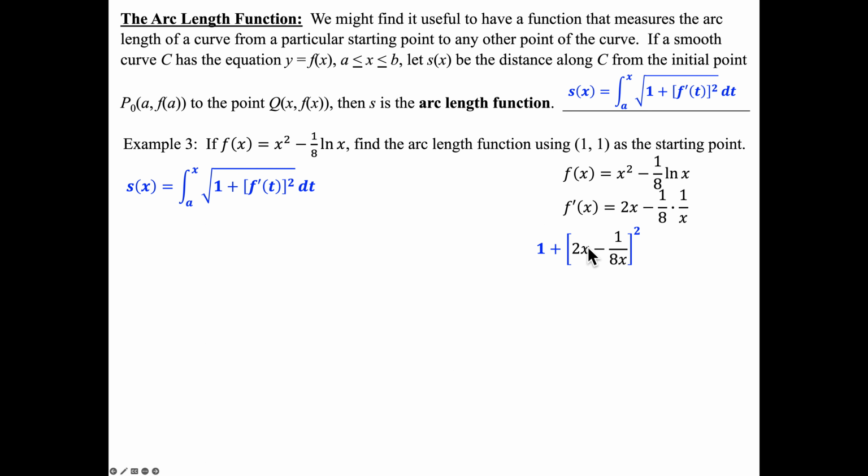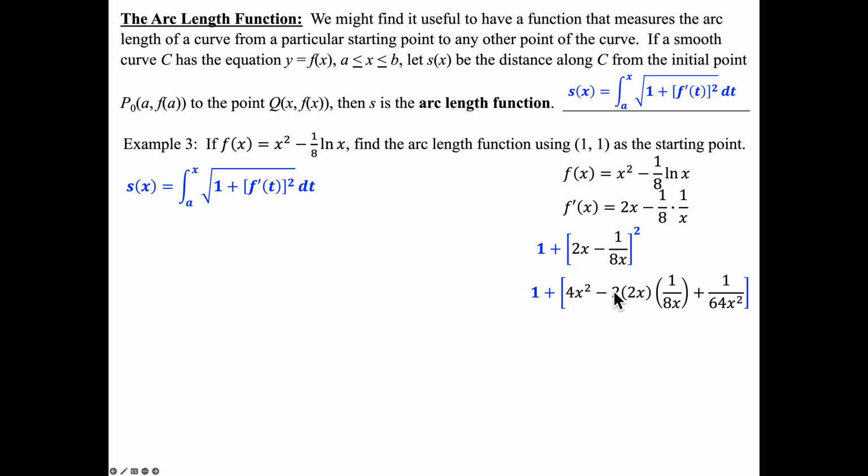Again, I see x to the first on the top, x to the first on the bottom, and I'm going to square this. Good things are about to happen. If you FOIL this out, it's 4x squared minus the two terms, 2x and 1 over 8x multiplied together. Keep the minus sign from the middle. And then 1 over 8x times 1 over 8x is 1 over 64x squared.